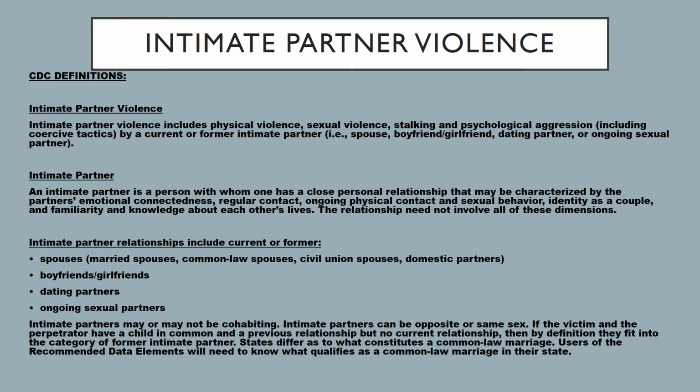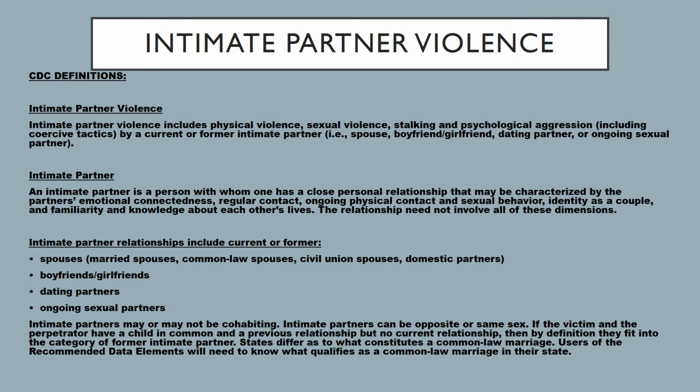And then down towards the bottom part of this slide, we talk about intimate partner relationships. So now we're not just talking about intimate partner, but what is an intimate partner relationship? It includes current or former spouses, boyfriends, girlfriends, dating partners, or ongoing sexual partners. And then we see the idea that it can be cohabitating or not, opposite or same sex.